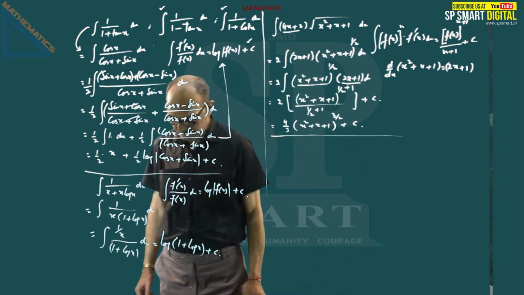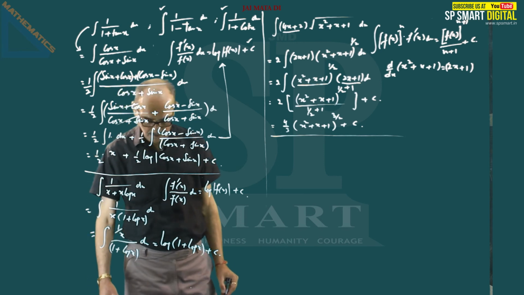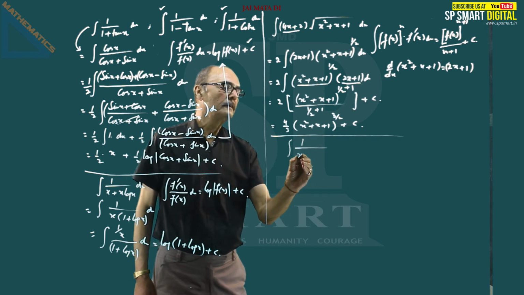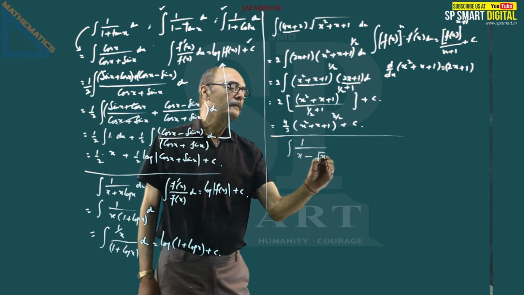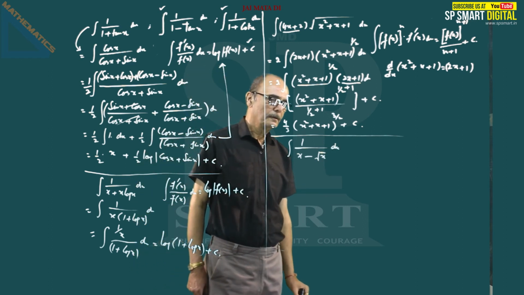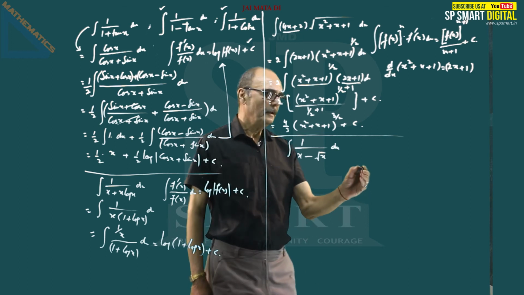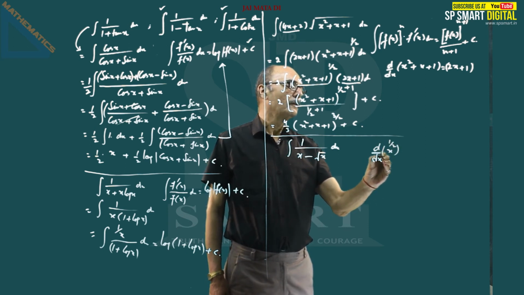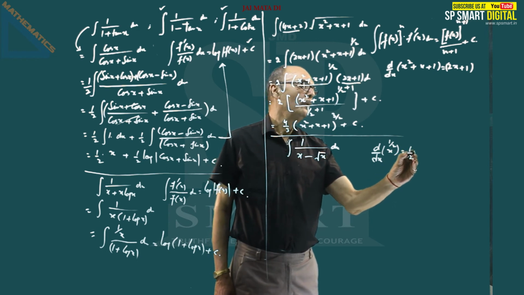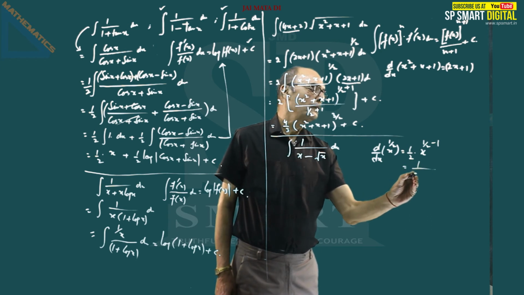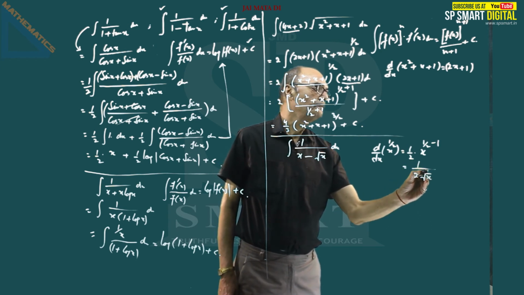Next we take up integral 1 upon x minus root x and d of x. So, here we shall make use of d upon dx of root x, that is 1 by 2 x raised to power n minus 1, that is 1 upon 2 root x.